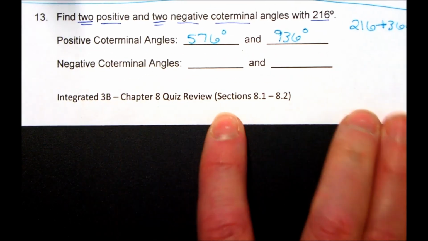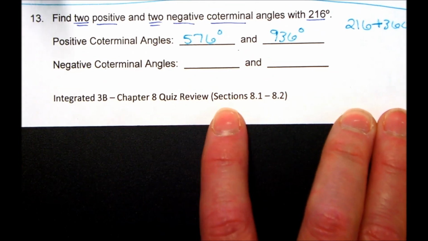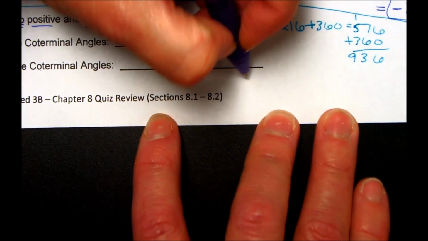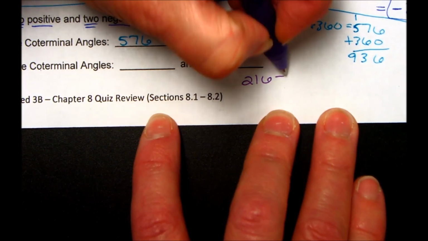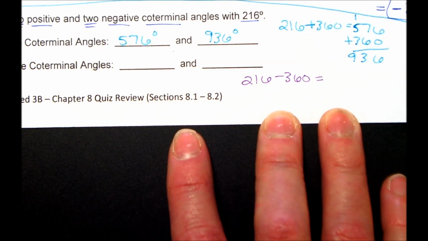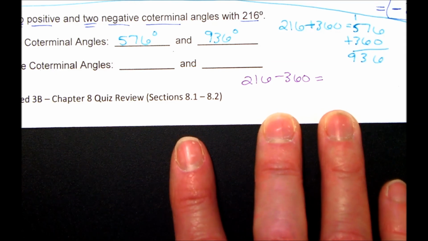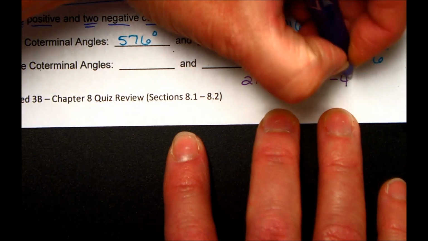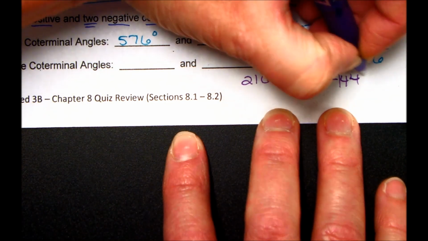And to find 2 negative coterminal angles, we're just going to subtract rather than adding: 216 minus 360. So I'm going to do that over here. If I take 216 minus 360, and I'll let my calculator work this one out, I get a negative 144 degrees.